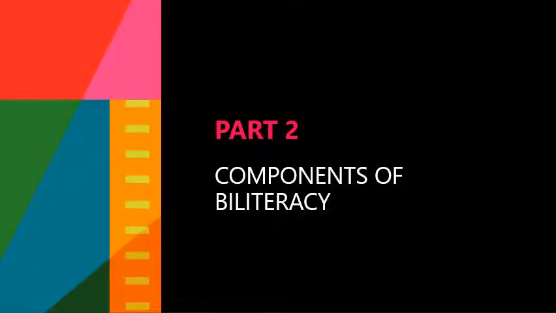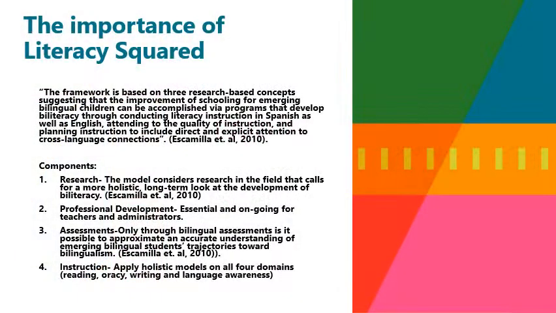Part 2. Components of biliteracy. In order to implement biliteracy in our classrooms, it's very important that we implement a framework such as Literacy Squared, because it shifts the attention from only the language instruction to include qualities of the instruction within both languages.